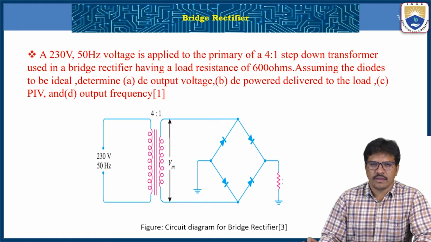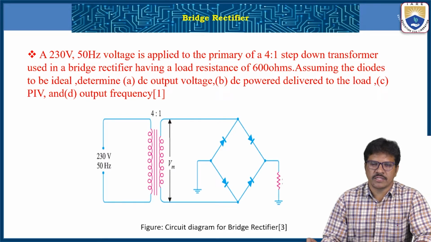As we know, one of the most important rectifiers, which is used in many real-time applications, power supplies, or wherever DC supply is required, is the bridge rectifier. It is preferred among the half wave rectifier and full wave rectifier.